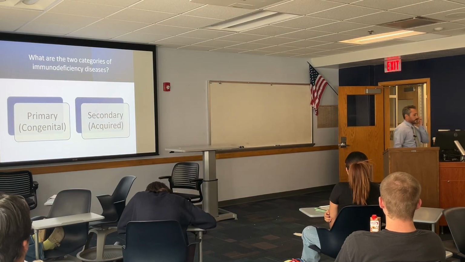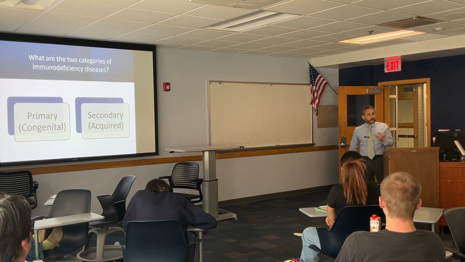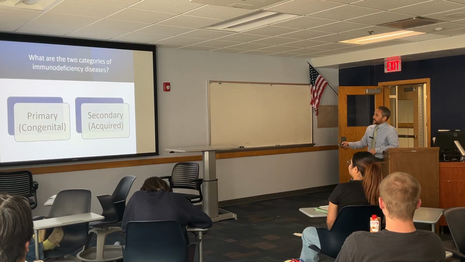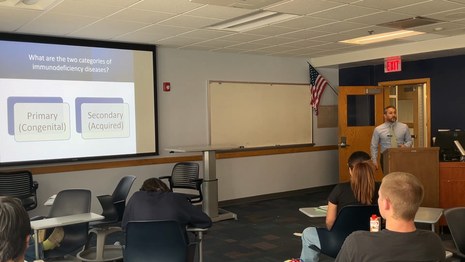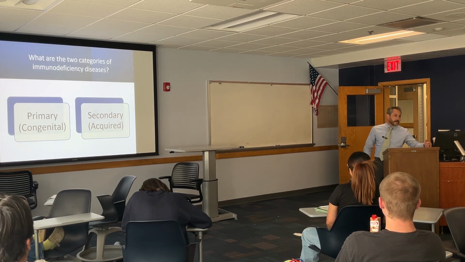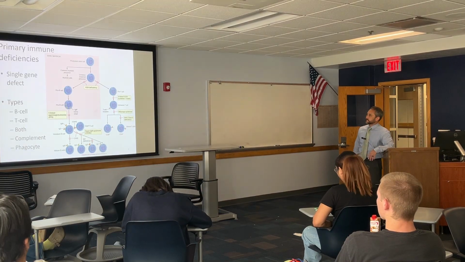Primary means it's inherited, so it's a congenital thing. You're typically born with it. Secondary means that you're infected with it. You acquire it or you learn it at a later point in time. And that's considered acquired or secondary.